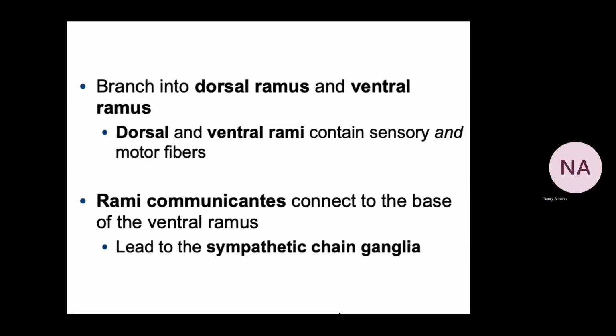The spinal nerve will branch into what are known as the dorsal and ventral rami. They will contain both sensory and motor fibers, so carry both sensory and motor information. Those rami communicantes are branches that are going to connect to the base of the ventral ramus and will lead to the sympathetic chain ganglia.